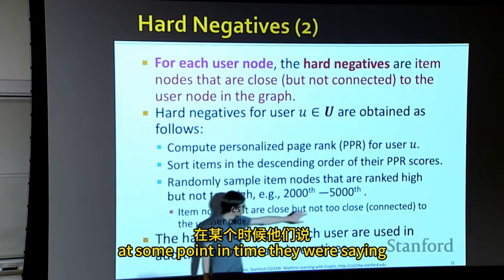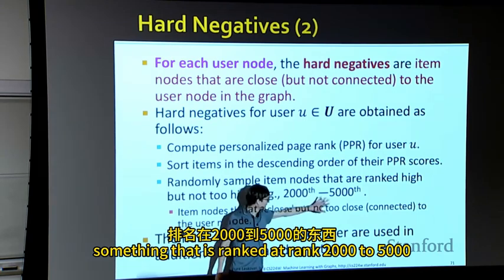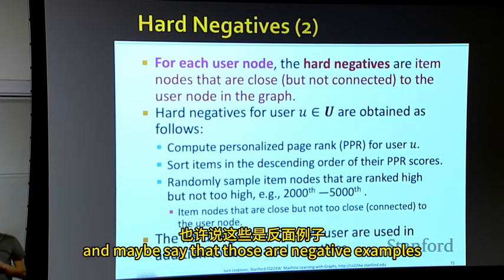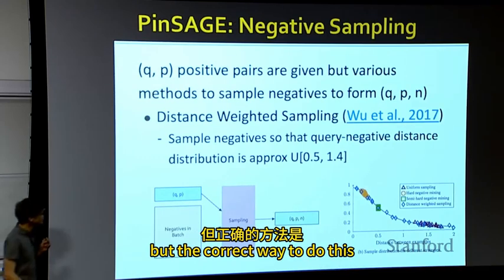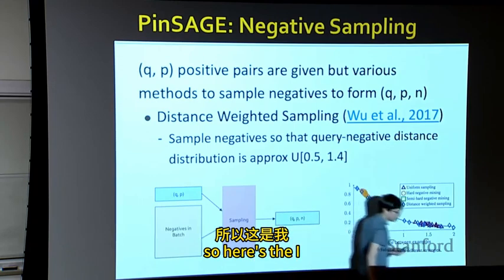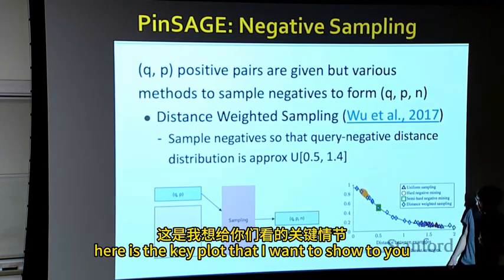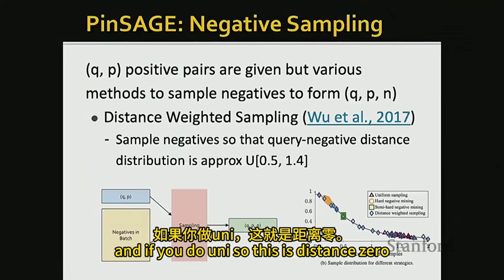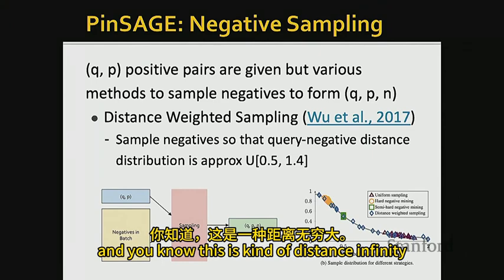There are a lot of heuristics for how you set hard negative examples. At some point in time, they were saying, let's look at something that is ranked at rank 2000 to 5000 and say that those are negative examples. But the correct way to do this is distance-based sampling. So here is the key plot that I want to show you. This is the distance between examples. This is distance 0, and this is kind of distance infinity.